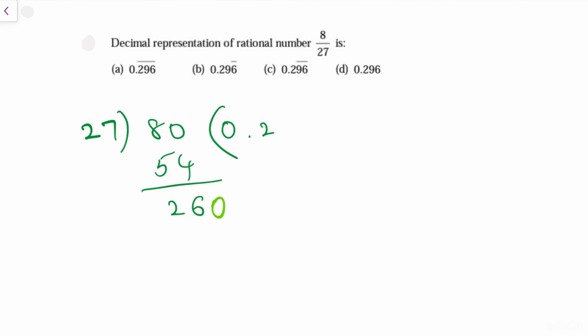Now in the 27 table 260, 10s won't come, so we will check 9s. 27 9s are 243. So 260 minus 243 is 17. Again in the 27 table 17 won't come, but the decimal is already there, so we can write one more 0 here.